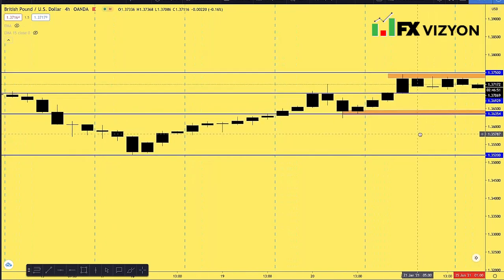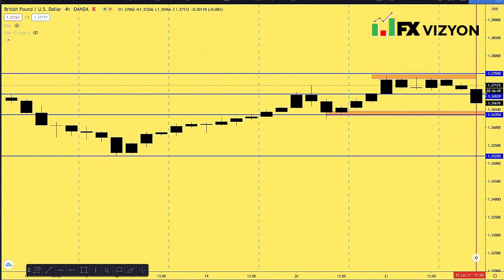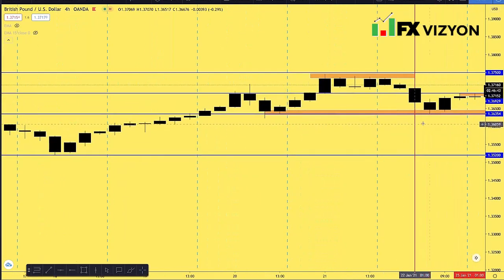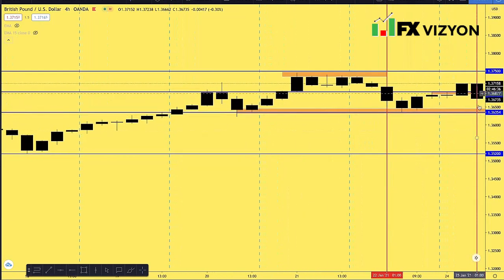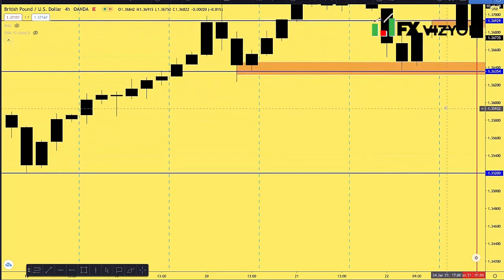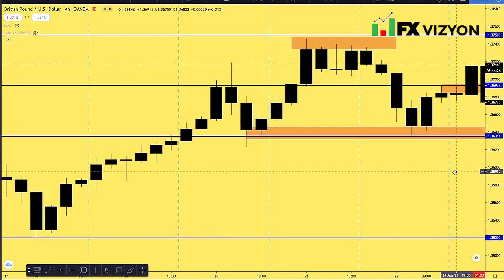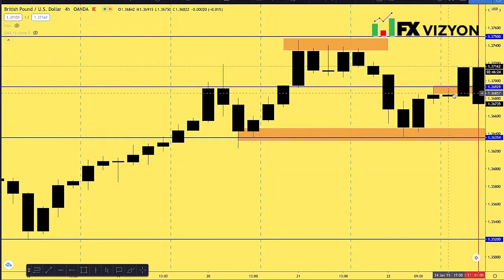So right over here on this time frame, I'm sorry, this is not the one. This is the one here we're interested in. Okay, so if you look right over here, again, you have a situation where this candle closed bullish.